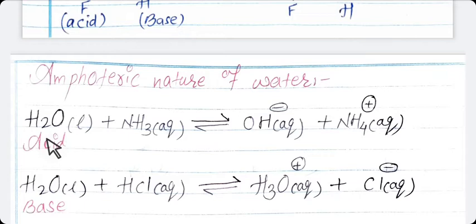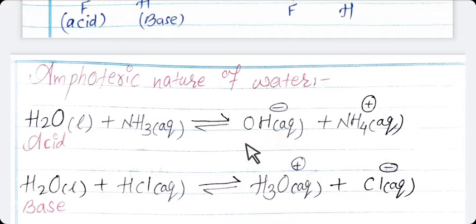So according to Bronsted theory, water here donates its proton to NH3. NH3 will become NH4 plus, and water donates its proton. That's why the OH minus ion is remaining here. So the substance that donates a proton to another substance is called an acid.